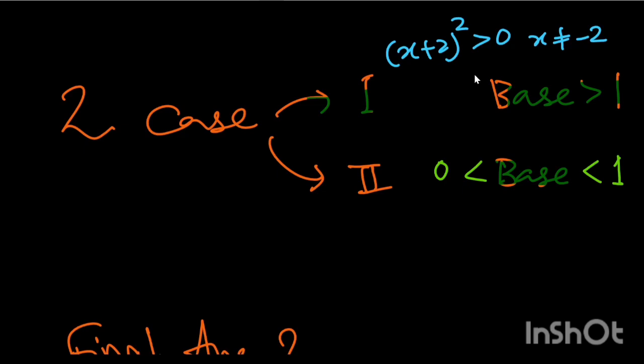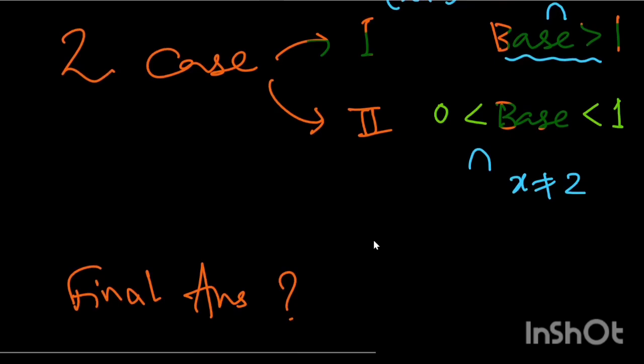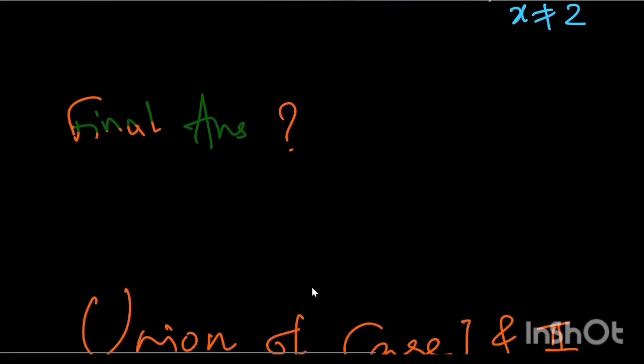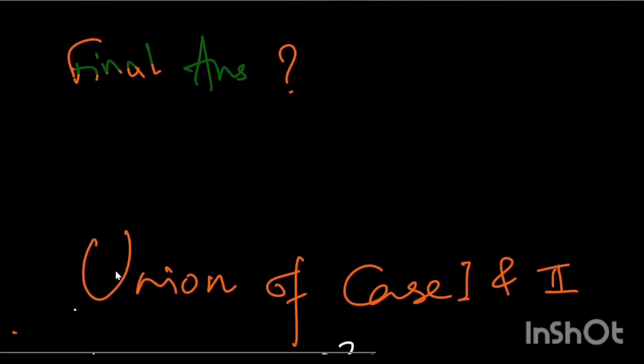Whatever value we get after solving base greater than 1, we have to take the intersection. The same we have to do here as well: x not equal to minus 2 and base between 0 and 1. After solving the two cases, how do we obtain the final answer, guys? It has to be the union of case first and the second.